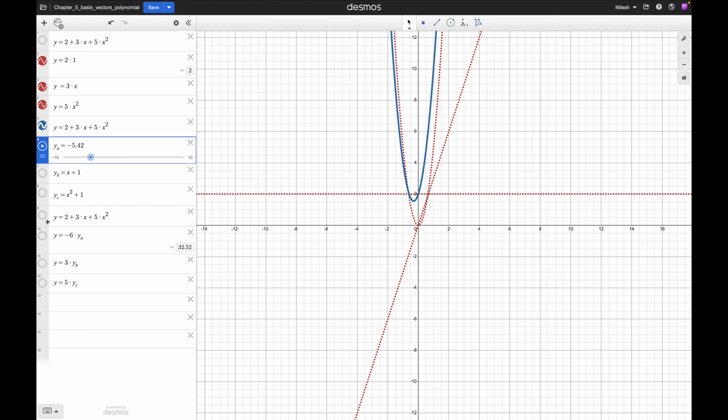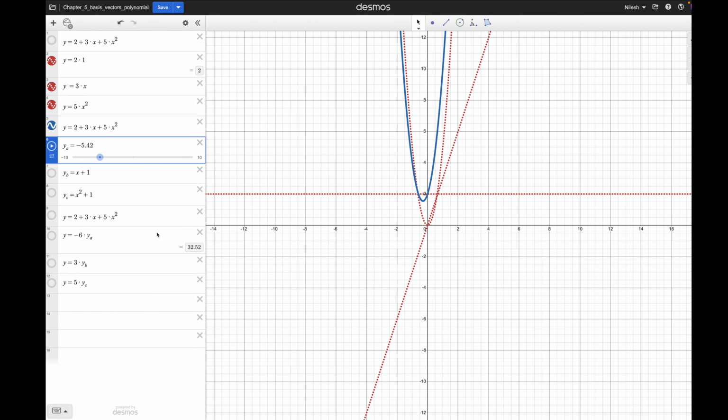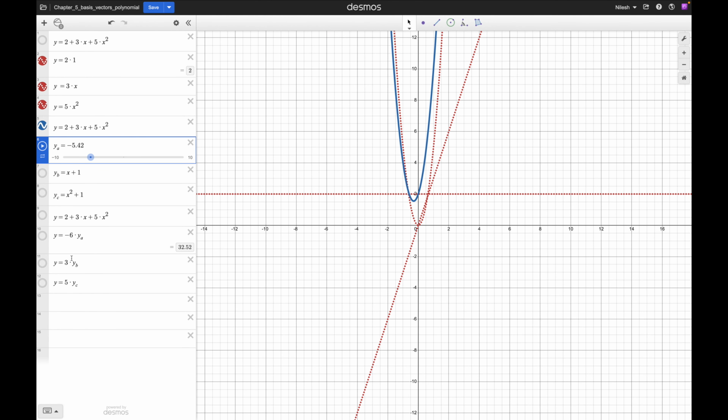Likewise, we can create the same polynomial with a different set of basis vectors, which was t, 1 plus t, and 1 plus t squared, as we saw earlier. That is shown here. This is x plus y, x squared. So imagine that x is just t, and if we plot these now, these are the values, and that gets us again the same polynomial that we have in blue.